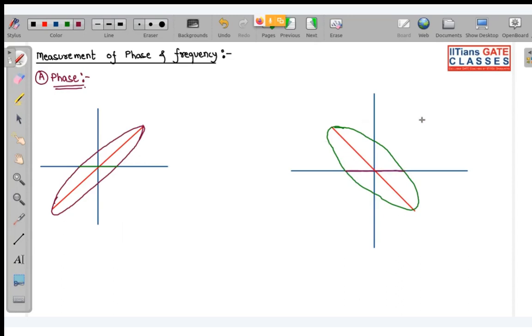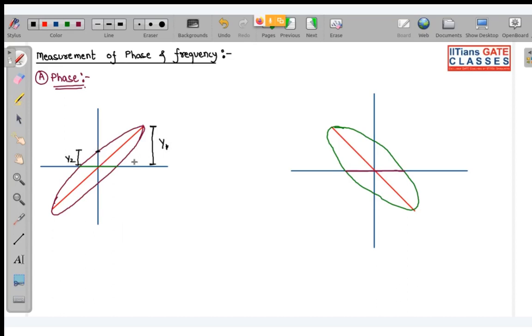So with the help of this, how do we measure the phase? Now I am going to mark a few positions over here. Let this be y1, and this much distance be y2.